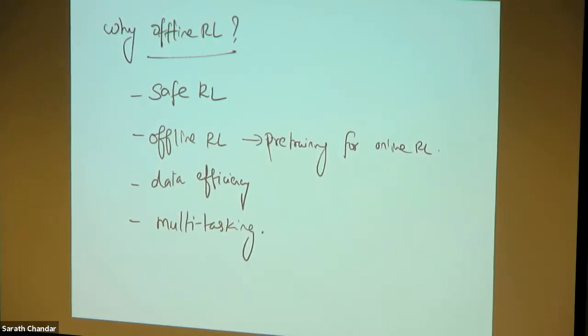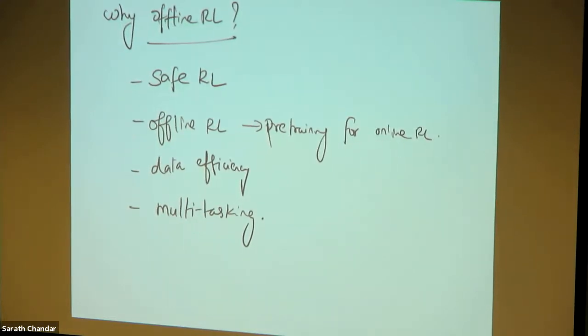Yes. Could you clarify about the robot example? Because you mentioned earlier that this is not an example of offline RL. Okay, so maybe I'll talk about that. I think your point was to train the robot in a simulator and then deploy it in the real world, right? So that is one way.